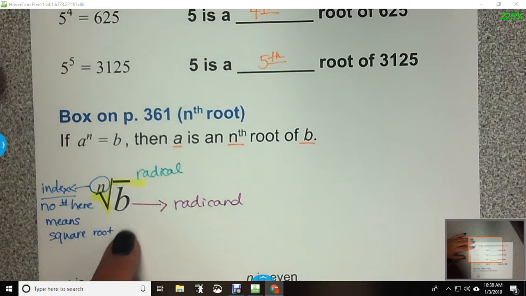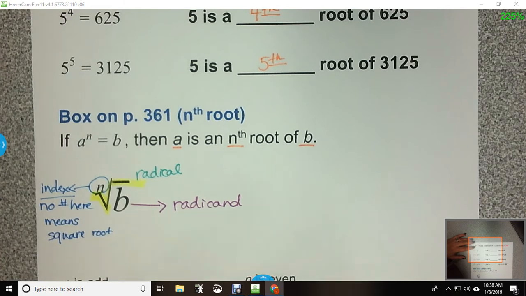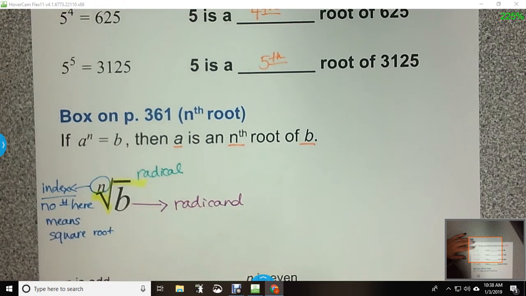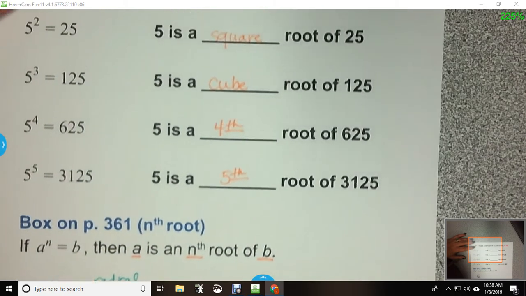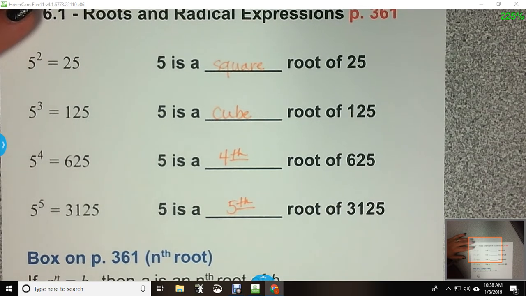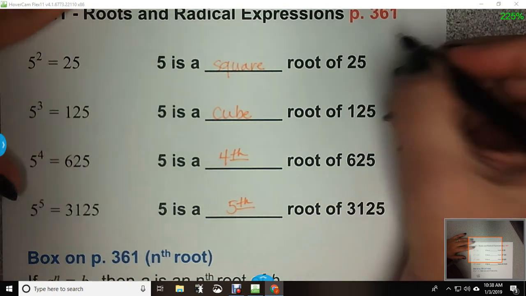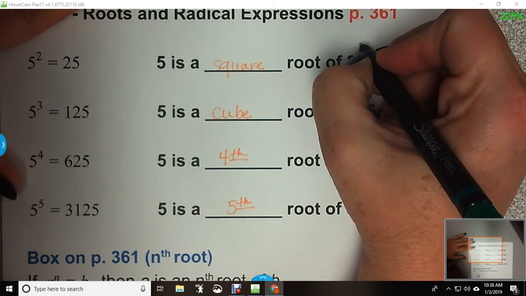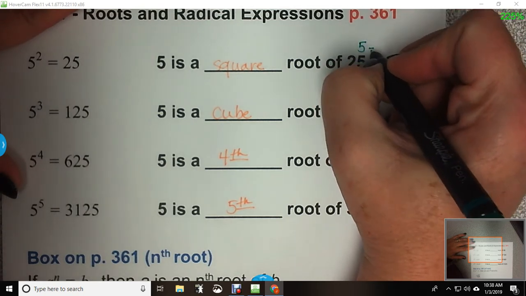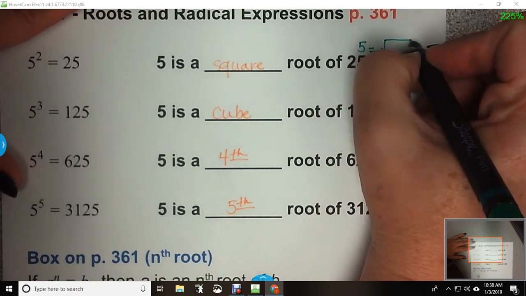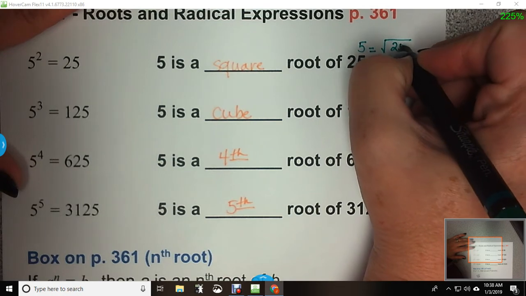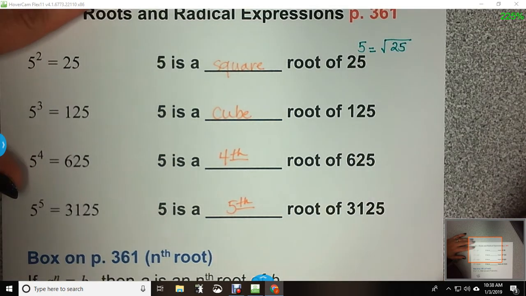So now that we know what this symbol looks like and what all of the parts mean, let's go back up here and rewrite these in radical form. Okay? When I say that 5 is a square root of 25, here's the way we write that. 5 is a square root of 25.